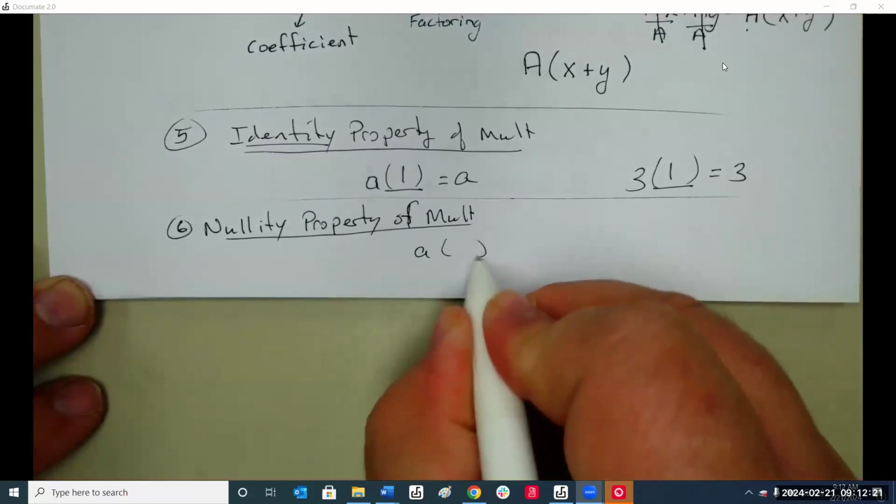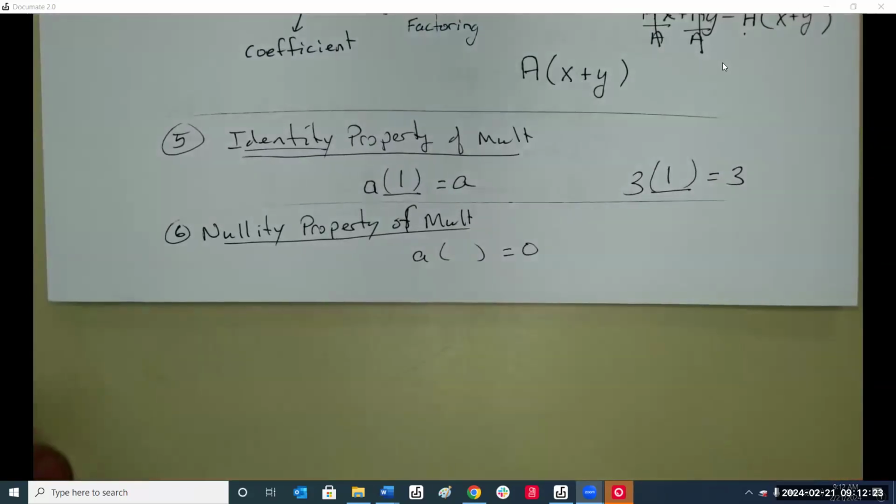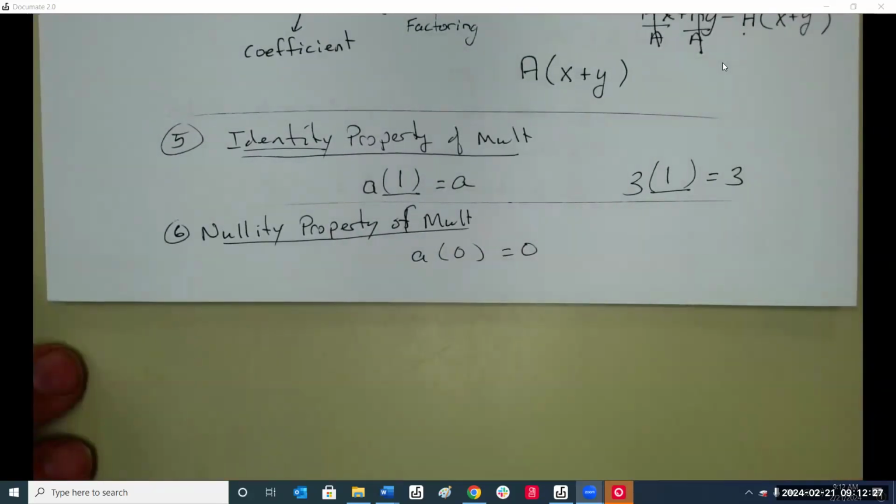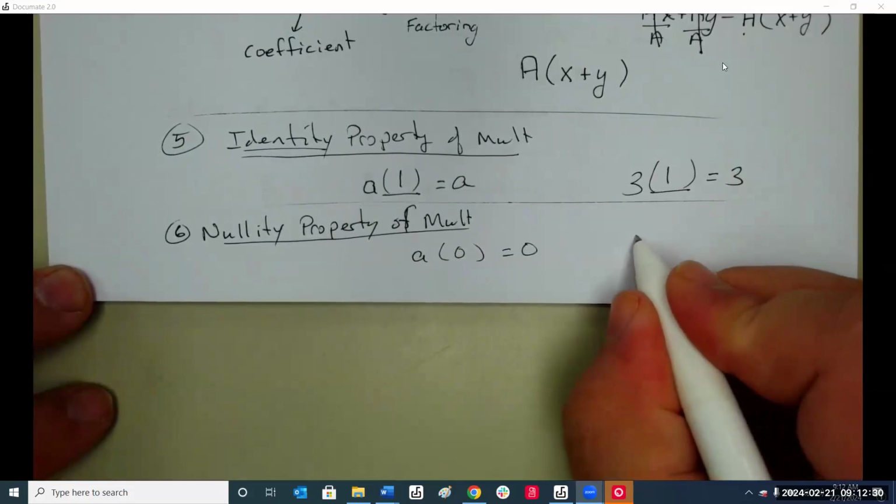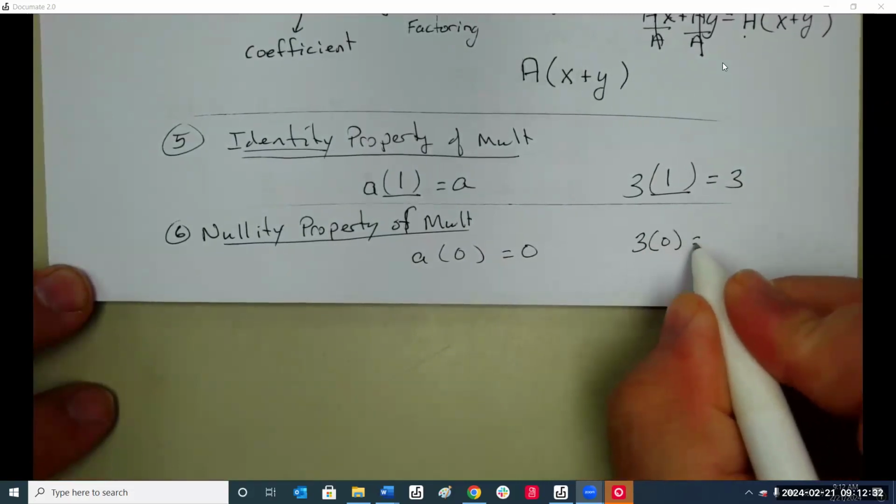A times what gives me 0? Yep, 0. So anything times 0 is 0.